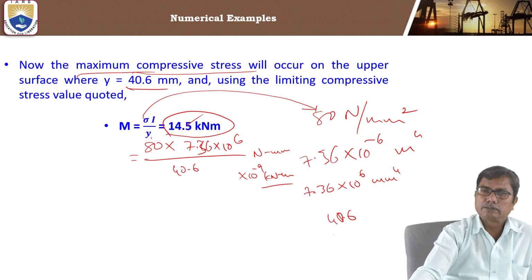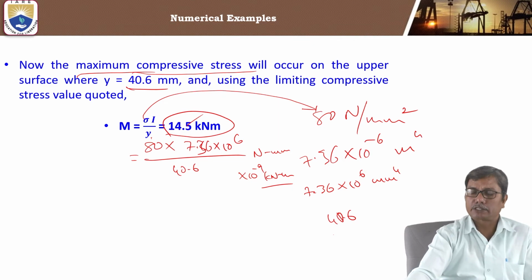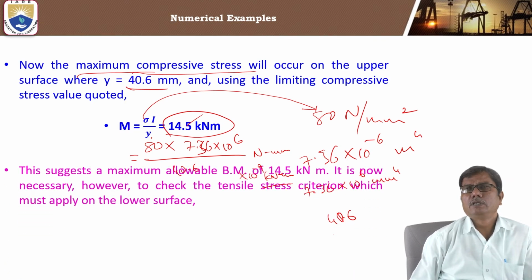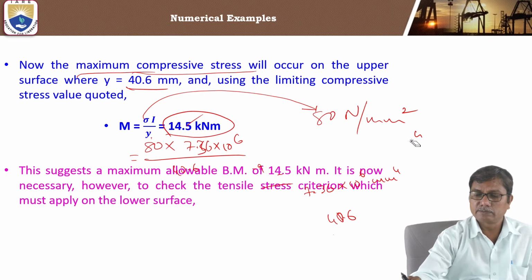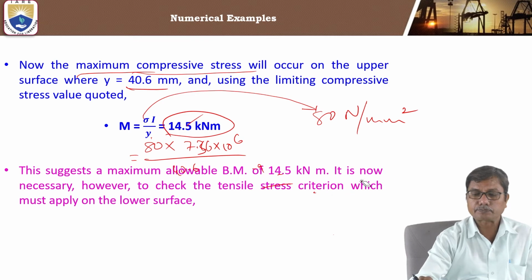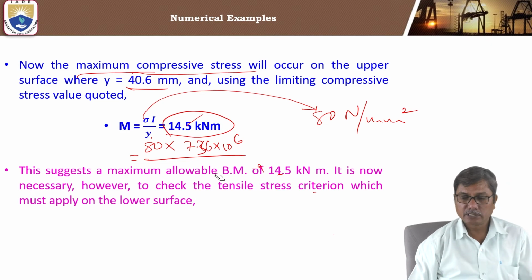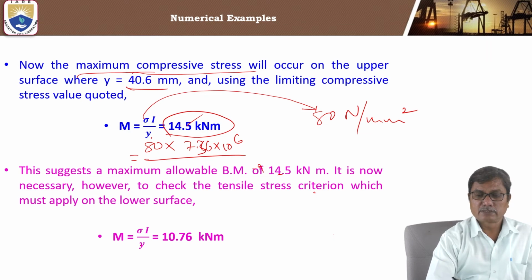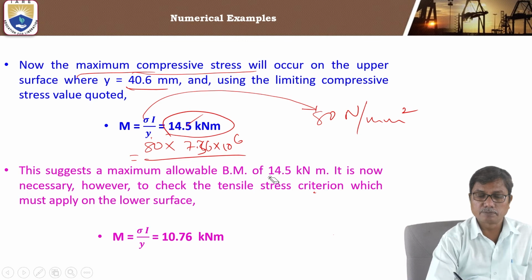So this maximum bending moment is based on maximum compressive stress. Similarly, we find the maximum bending moment based on maximum tensile stress also. So based on maximum tensile stress, it comes out to be 10.76.